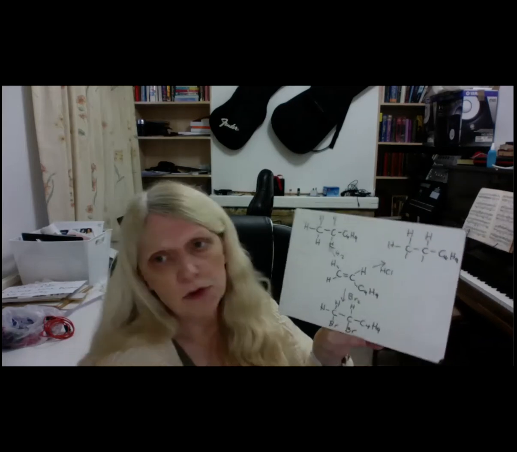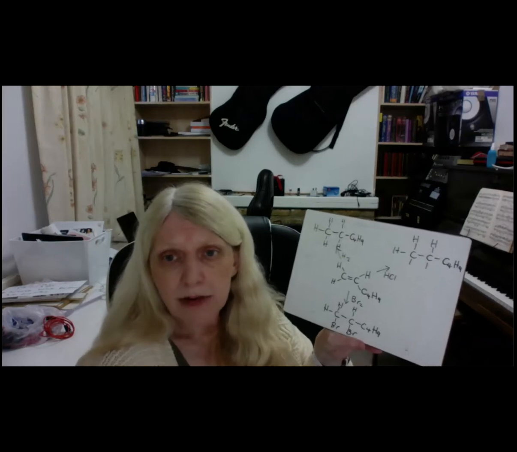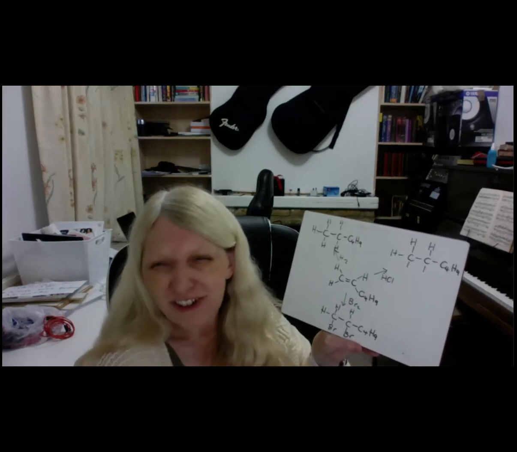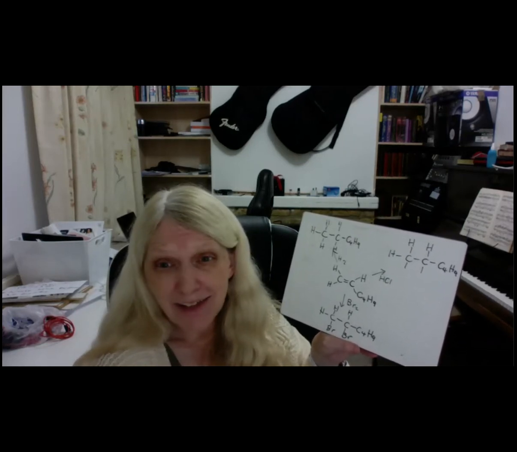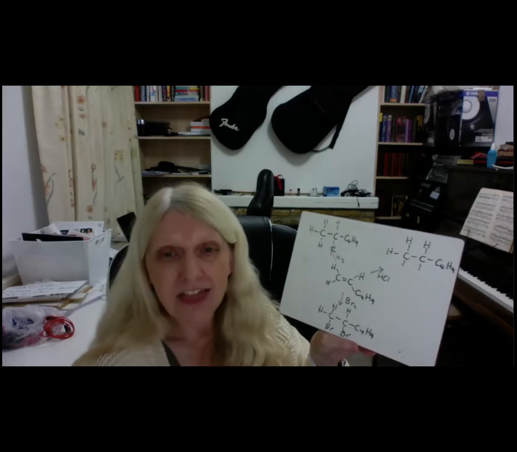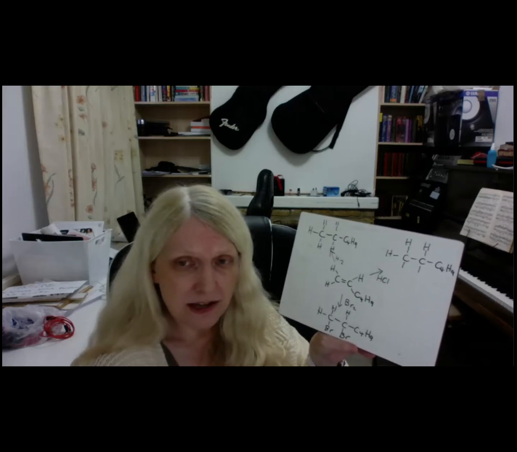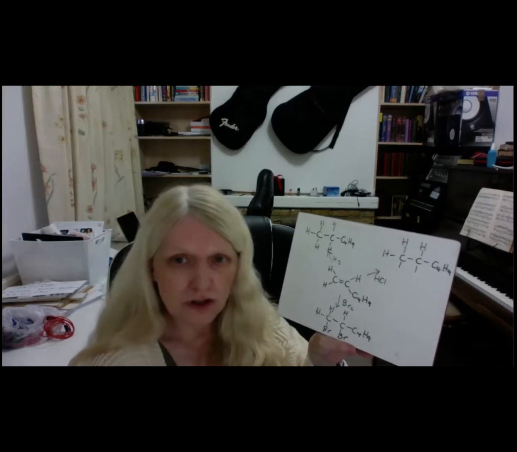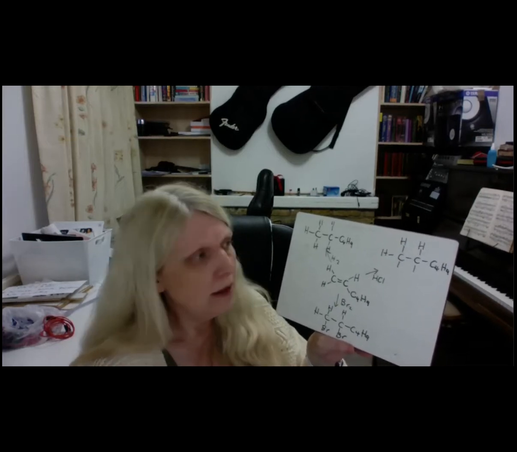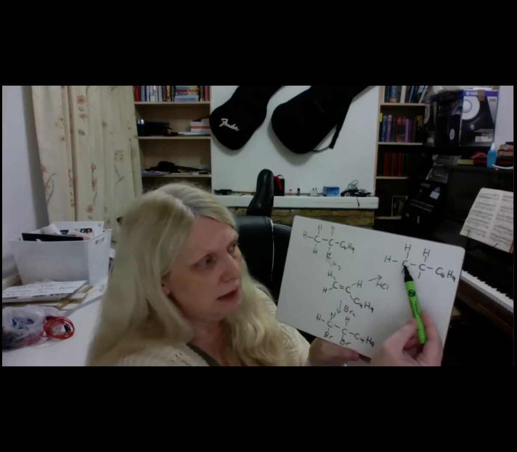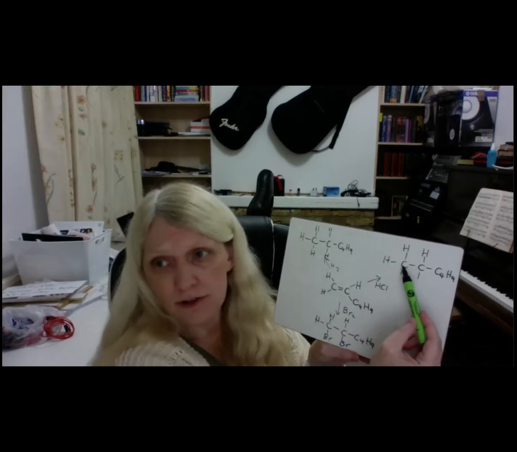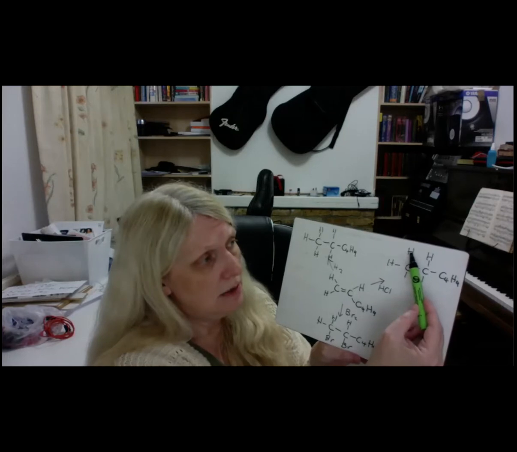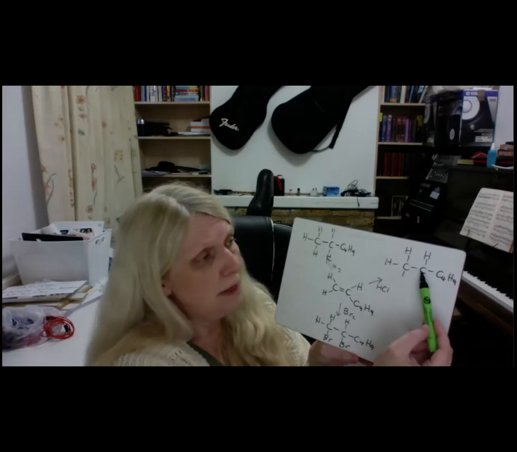This one's slightly more tricky because it says major product. Do you remember Markovnikov? Does that ring any bells, Markovnikov's rule? The thing that isn't hydrogen adds to the least hydrogenated carbon. So we look at this one and we look at that carbon. How many hydrogens does that carbon have on it? It has 2 hydrogens. What about this carbon?